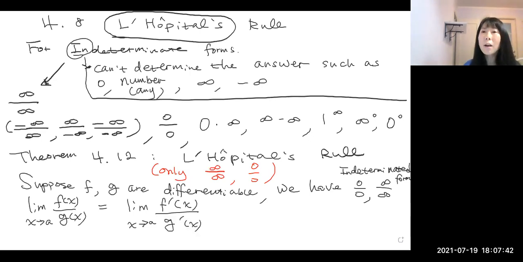All right, so we have to know this rule. It must be fraction form.